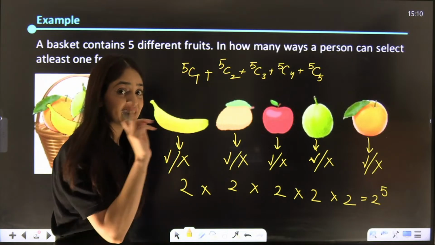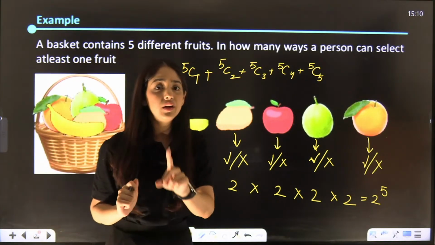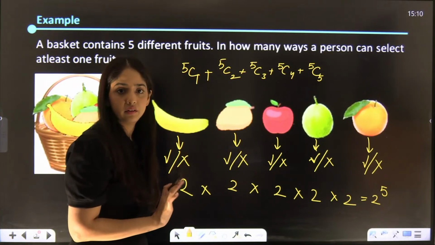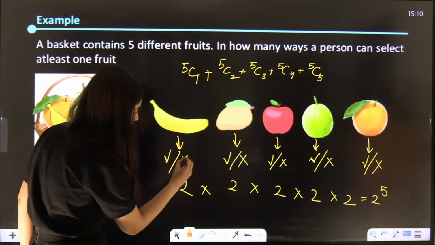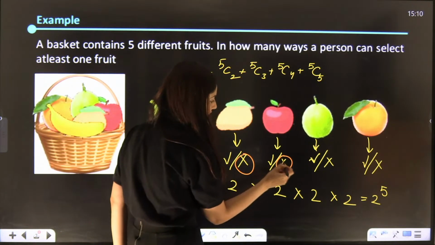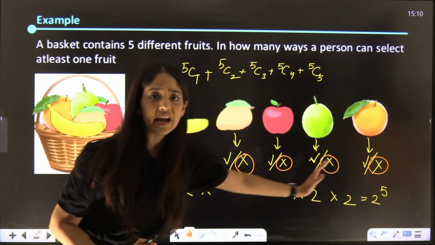But just like in that problem, we are counting one case when none of them is selected, right? One such case would be we don't select banana, mango, apple, pear, or orange. We don't select any of these.